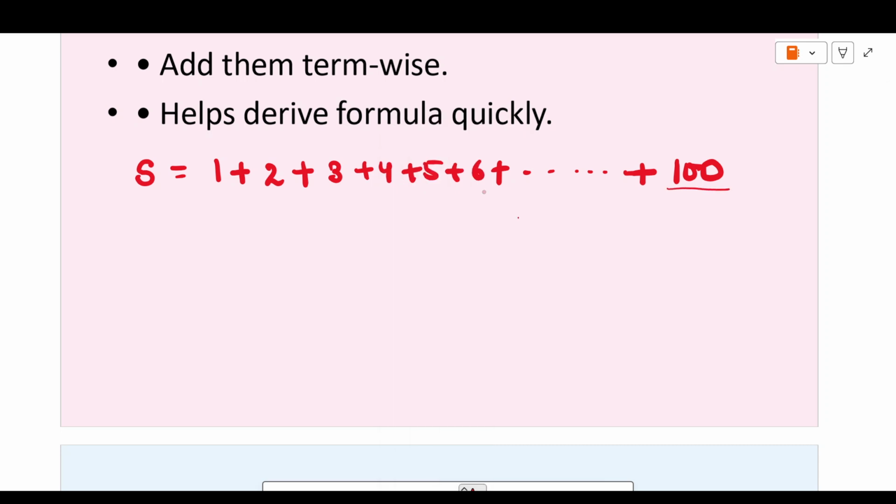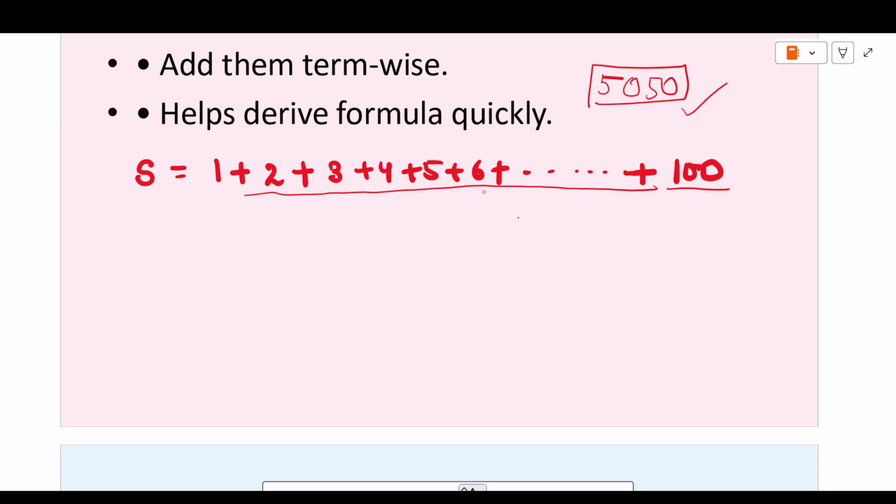Do you understand? Then, you know what? Gauss immediately replied that the sum of all the terms is 5050. Oh my God! Everyone was shocked. How could he find it so immediately?